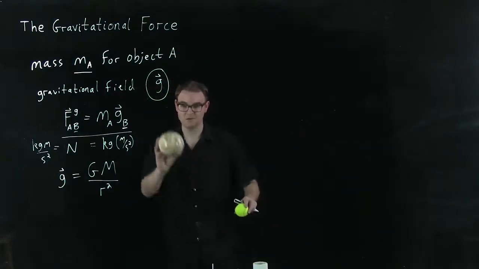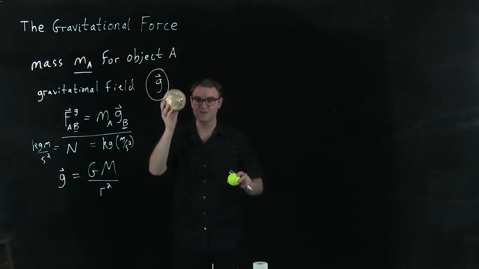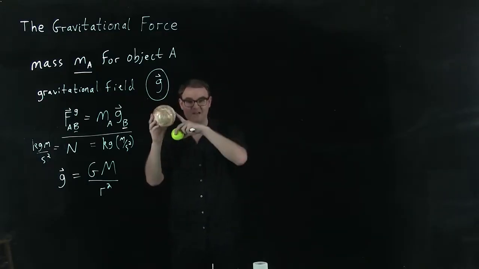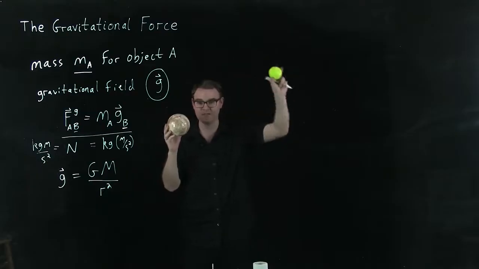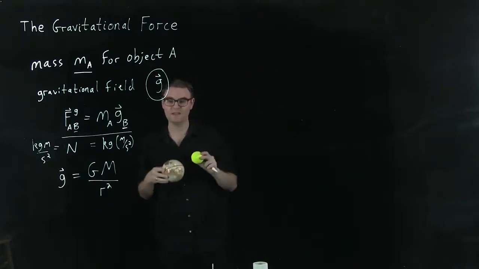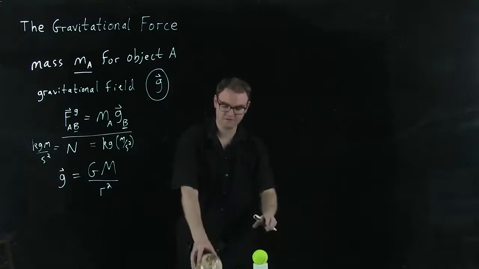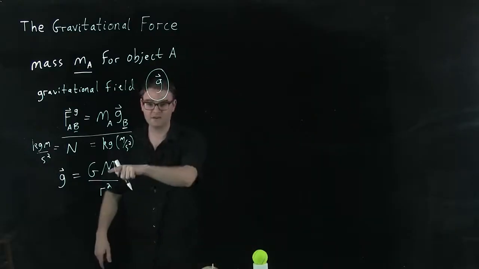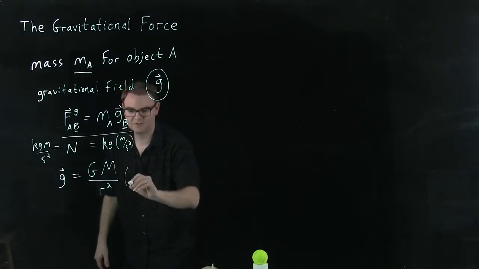So as an example, if I have my planet creating a gravitational field, this r would be the distance from the center of that planet to the center of the object that is feeling the force by that gravitational field. And then this is a vector, so I need to add in a direction.